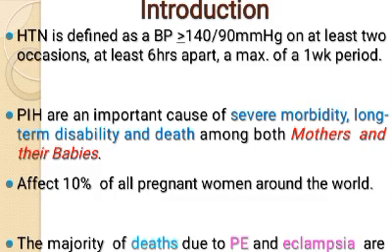The majority of this is due to preeclampsia and eclampsia. Preeclampsia and eclampsia are avoidable through the provision of timely and effective care to the woman presenting with these complications.